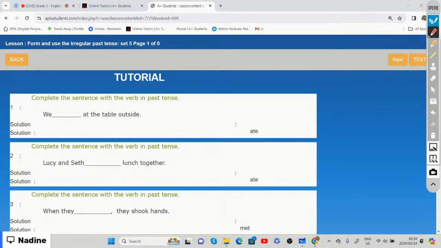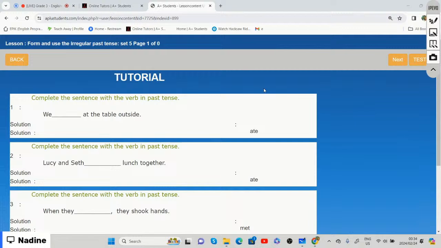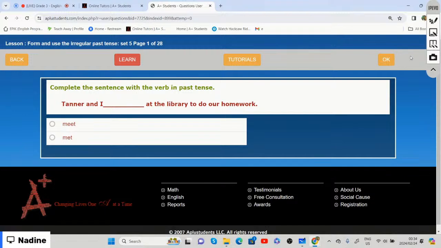All right, so now we're going to our test, right? Where we are going to form and use irregular past tense. And we need to complete the sentence once again with the verb in the past tense.